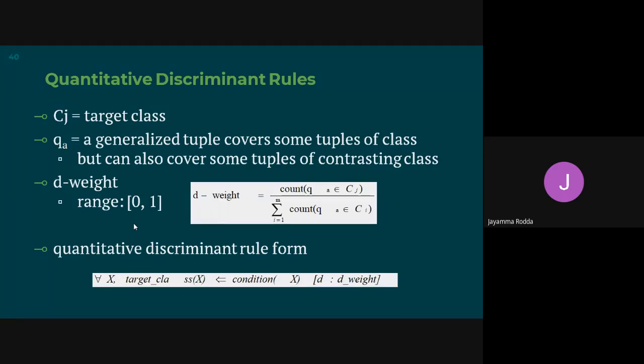Whereas a low D weight value implies that the concept is primarily derived from the contrasting class. Based on the D weight value, we identify whether the concept is derived from the target class or from the contrasting class. A high value indicates it is derived from the target class; a low value indicates it is derived from the contrasting class.